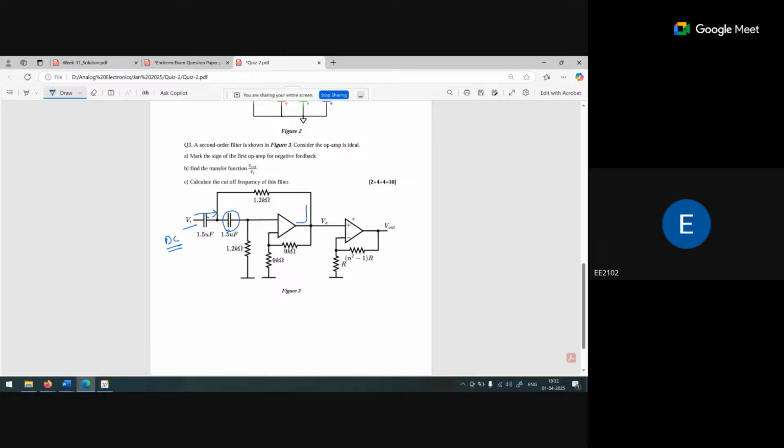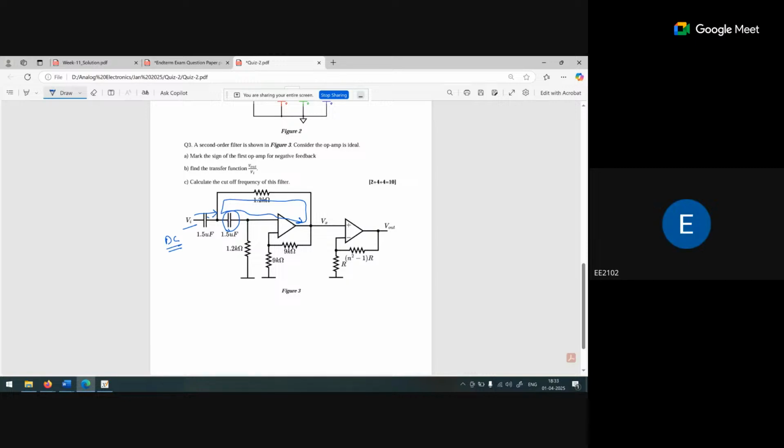Now, if we are talking about this loop, this loop is not completed on the DC supply. This loop is open when we apply Vi as a DC supply. Is it clear? Yes, sir.